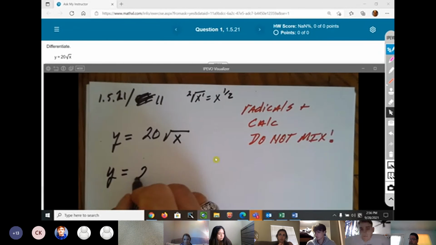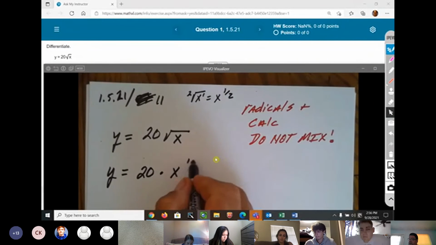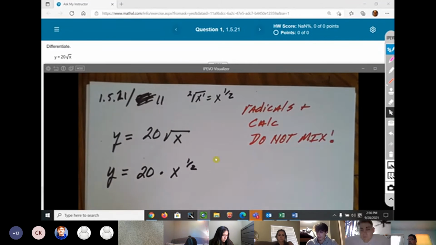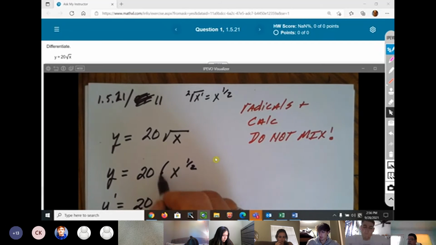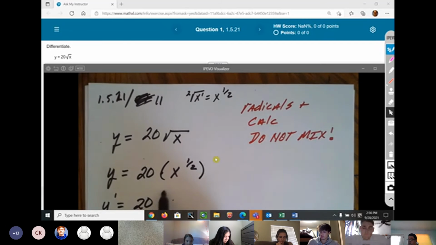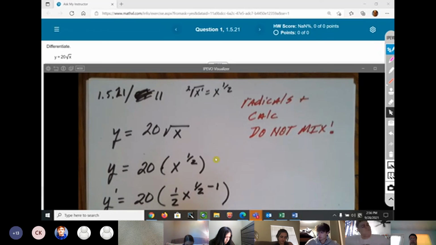Y is equal to 20 times x to the 1/2 power. And now I'm going to take the derivative of this. You don't need that 20. You can just take the derivative of this. So I'm just going to bring the 20 down. And I'm going to put parentheses around this. So 1/2 x to the 1/2 minus 1, using the power rule.